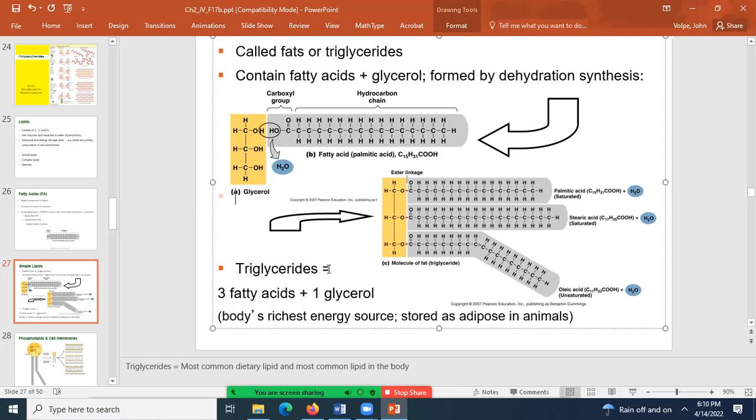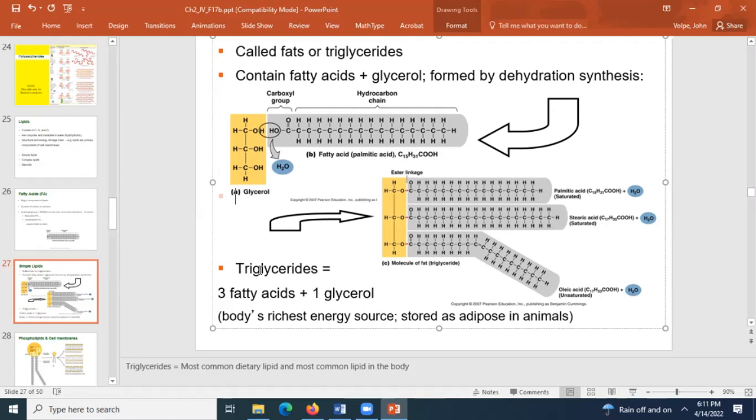Triglycerides are the body's richest energy source. It's stored as adipose in animals. And if you wanted to see some triglycerides, just look at your belly. I guarantee there's triglycerides in your belly, no matter how thin you are. And if you're not very thin, you will have a lot of triglycerides.